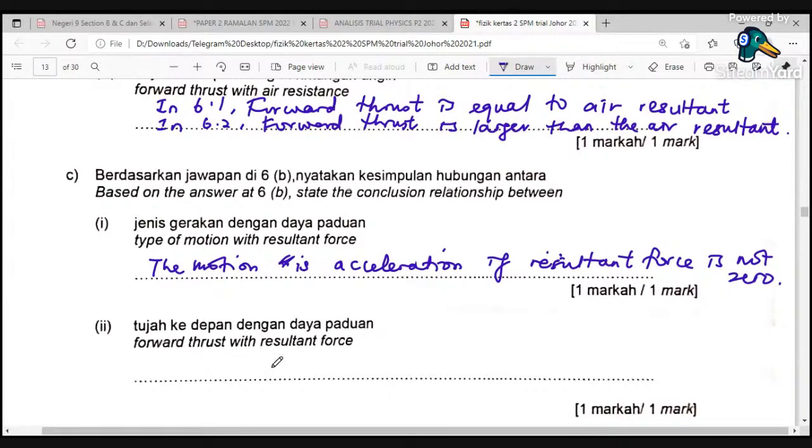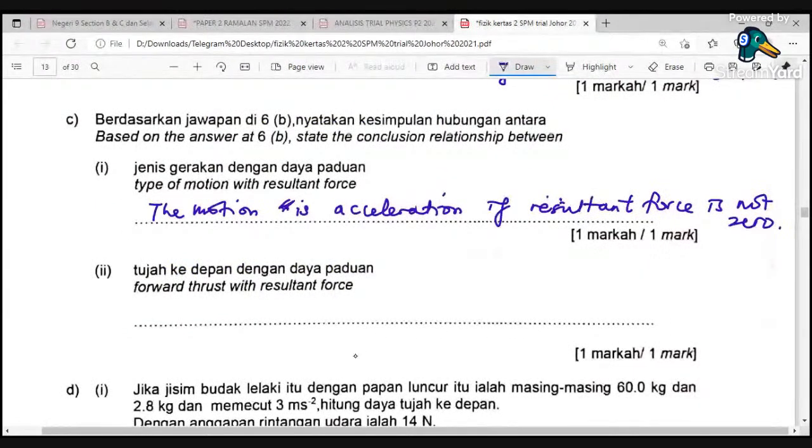Okay, forward thrust with resultant force. The larger the forward thrust.